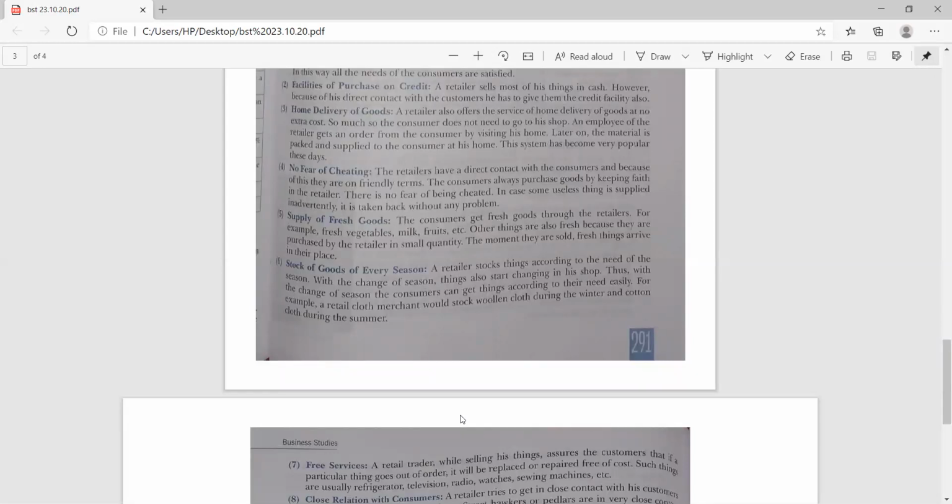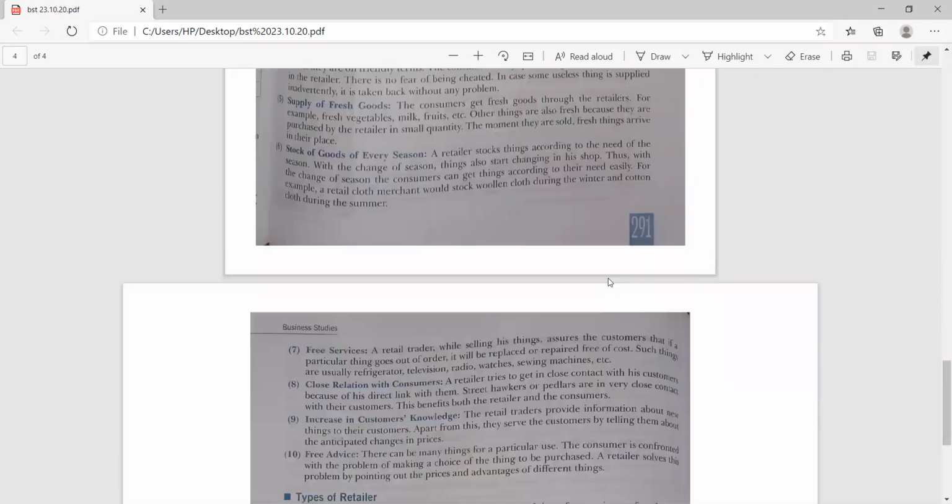If you talk about the cloth merchant, when you go to the cloth market, to the retailer, in the summer season you find clothes related to summer. In winters you find clothes related to winter. In this way, every season's stock of goods has to be managed by the retailers for the customer.